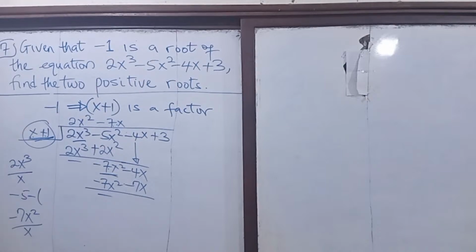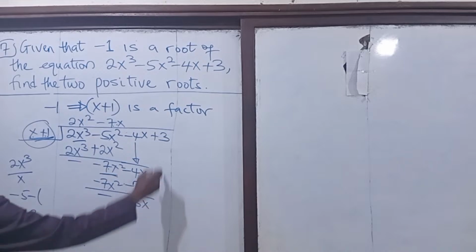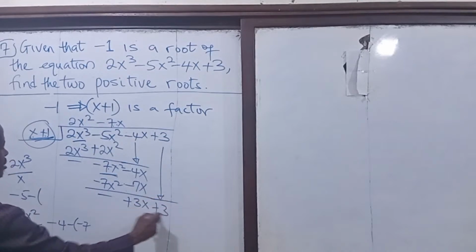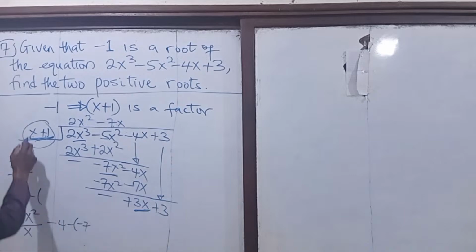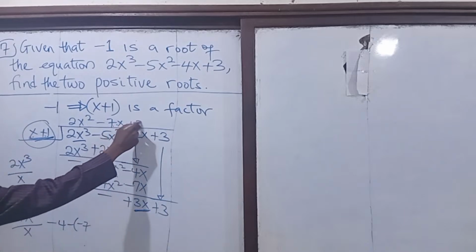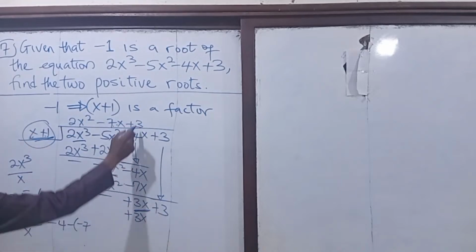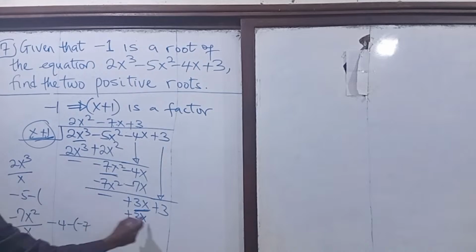Minus 4 minus minus 7, that's a plus 3x. Take the next item, bring it down. Repeat the process. 3x over the first one, that's a plus 3. 3 times x, that's a plus 3x. 3 times the plus 1, that's a plus 3. Do the subtraction, you have what?